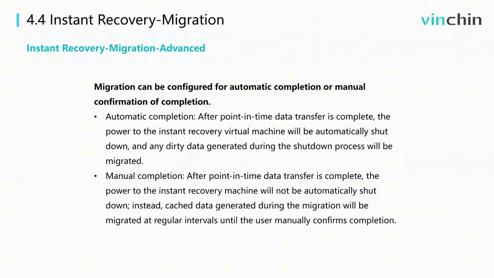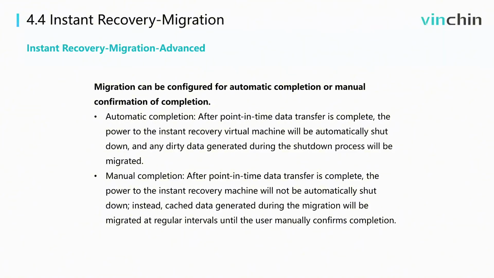And migration can be configured for automatic completion or manual confirmation of the completion. For automatic completion, after point-in-time data transfer is complete, the power to the instant recovery virtual machine will be automatically shut down, and any dirty data generated during the shutdown process will be migrated.